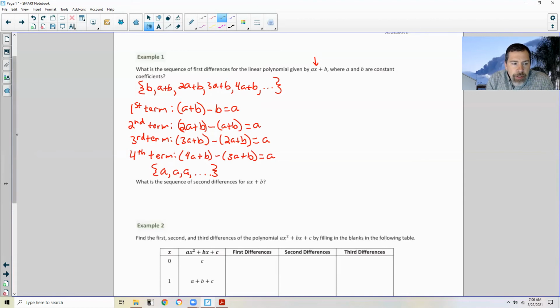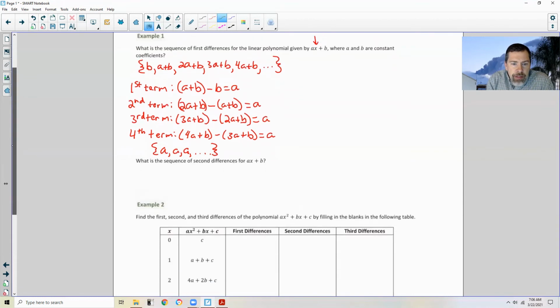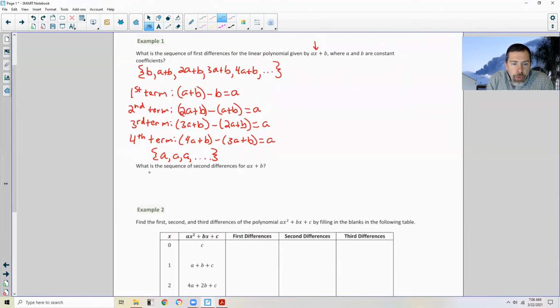All right, so now it says, what is the sequence of second differences for ax plus b? Well, if the first difference is a repeated, to get the second, you're going to say a minus a, which is 0.